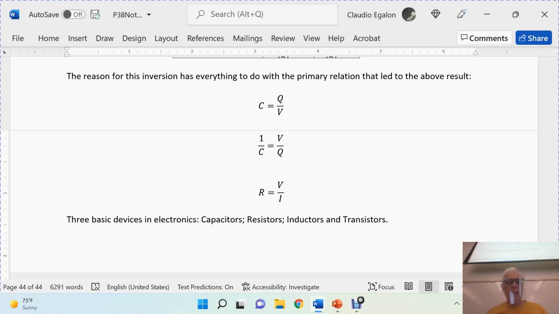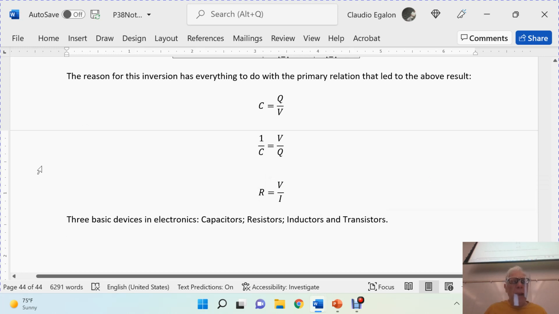Okay, we didn't study inductors yet, but we studied half of them. We are going to study inductors later on. I'm going to write those relations here in a different way, okay? Let's see.